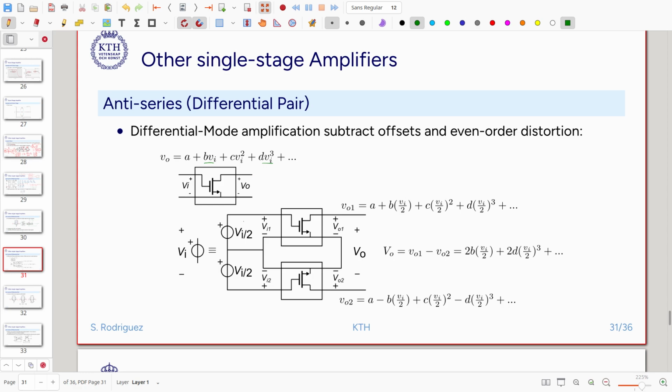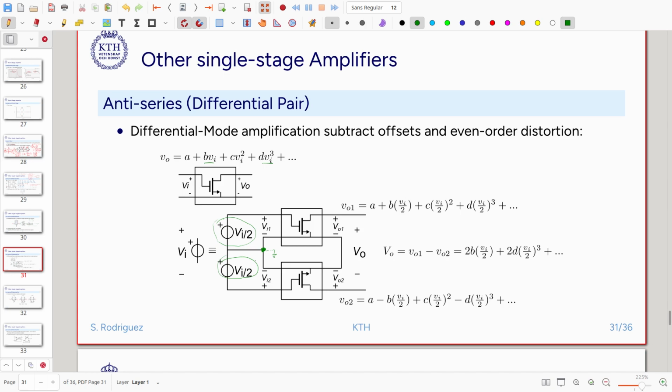Now, when we put 2 transistors in anti-series, precisely at the center we can assume that there is an AC ground. My input voltage will be divided in 2 parts, and I will be amplifying these 2 parts, one by one transistor and one by the other.